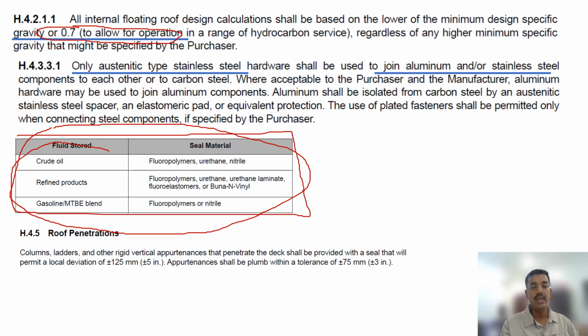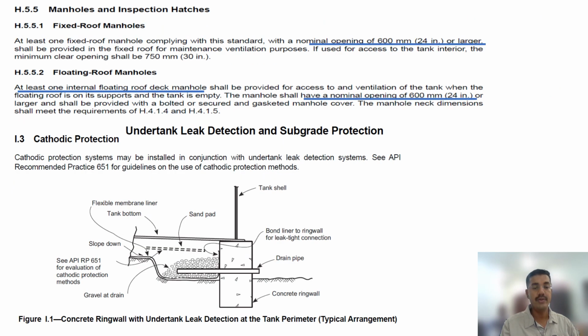Roof penetrations. Columns, ladders, and other rigid vertical apparatuses that penetrate the deck shall be provided with a seal that will permit a local deviation of plus or minus 125 mm or 5 inch. Manholes and inspection hatches: fixed roof manholes and floating roof manholes, and what are the inspection hatches?